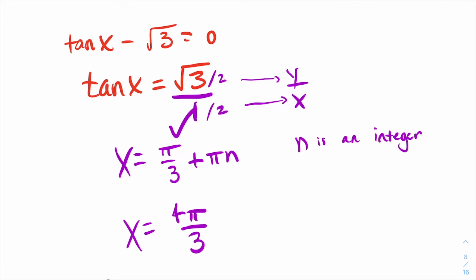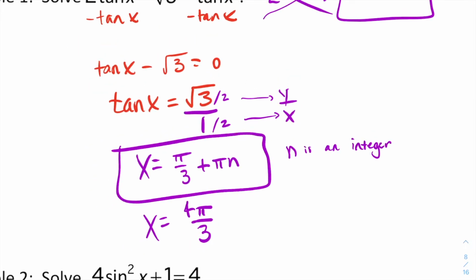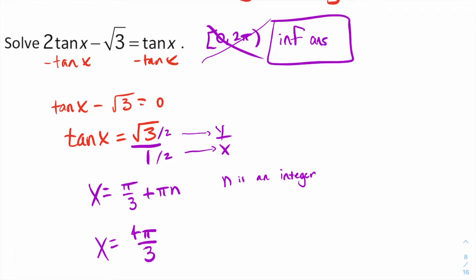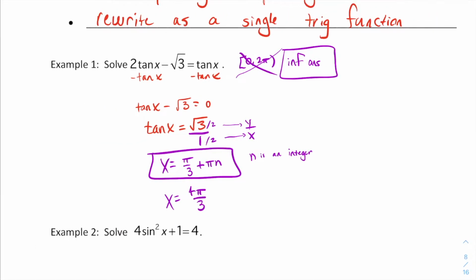You'll have the 4/3 once you add 1 pi in, and then you'll get your infinite number when you keep adding your pi n. So really that's going to be your answer right there. If I say from 0 to 2 pi, then you would put this first answer and that second answer, and that would be all the ones through 2 pi. So that's essentially what you do there.